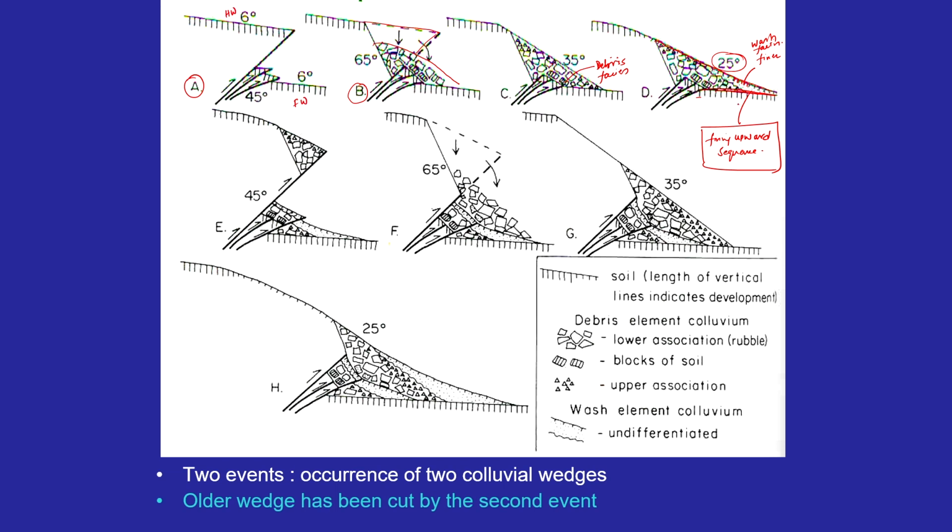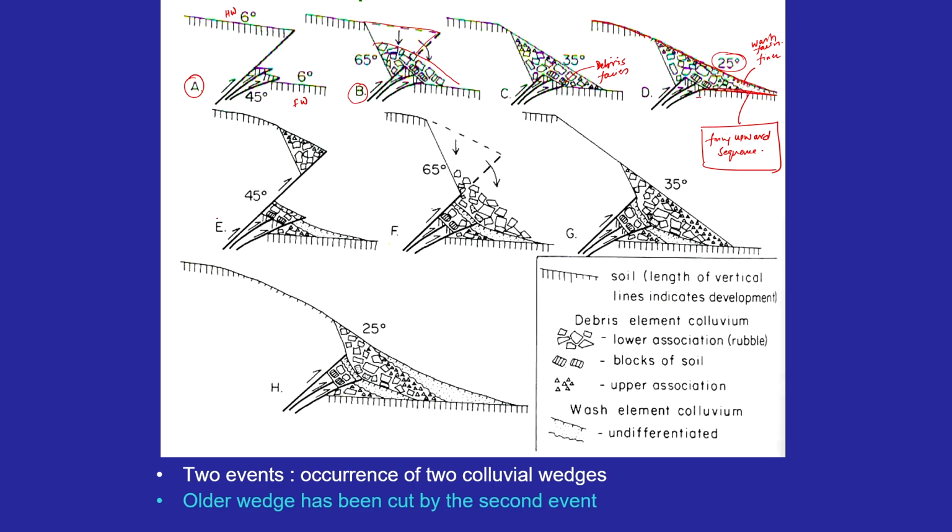Okay, so the slope of this older soil is different from this one. Slightly it will be different, but in the footwall side we'll see that there is some sort of variation.